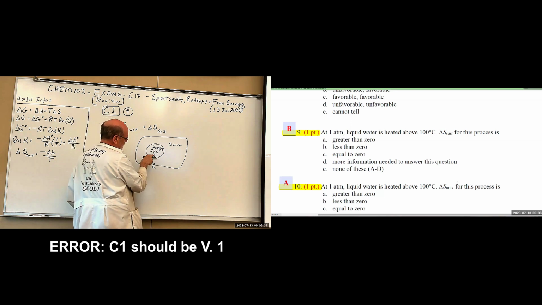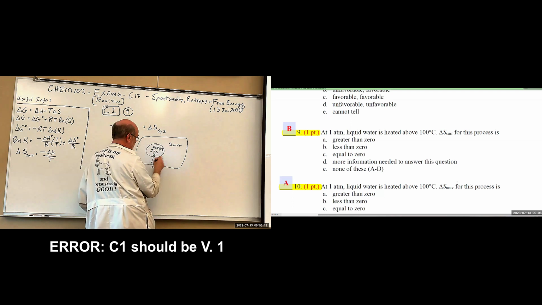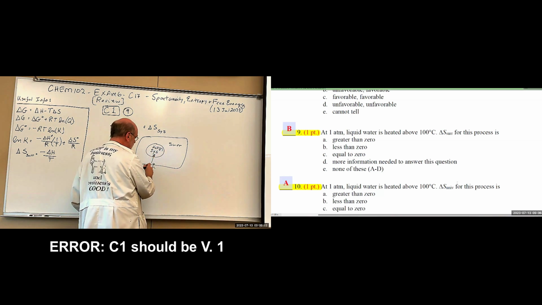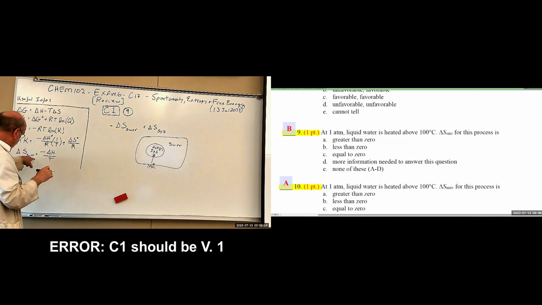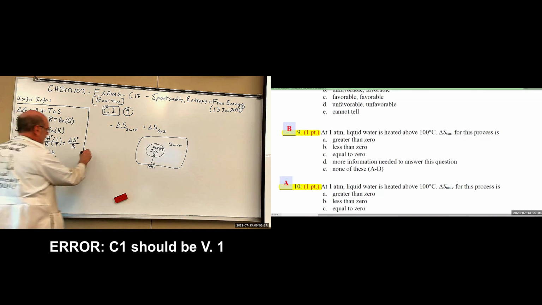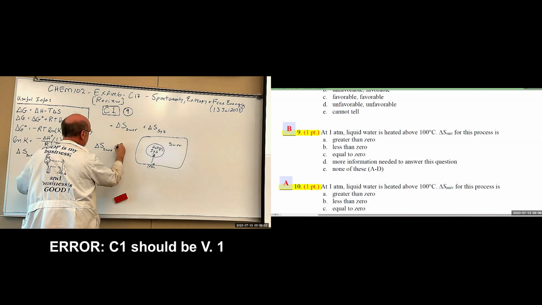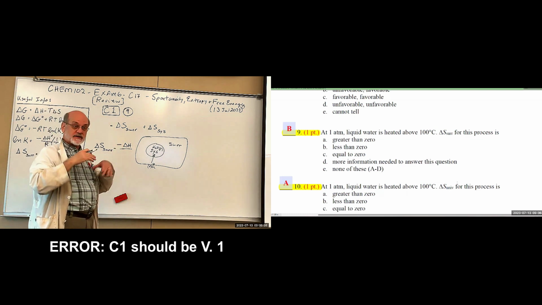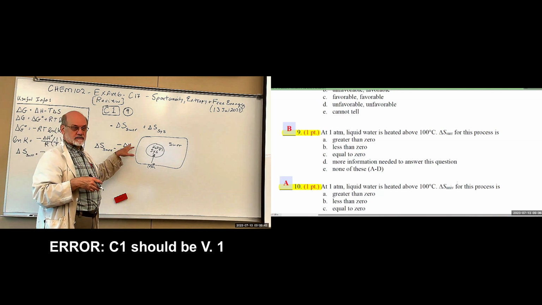If we're adding heat, it has to come from the surroundings to enter the system, which means the heat is going to be a positive value. And if we look at this one over here, delta S for the surroundings is equal to negative enthalpy, and if the pressure doesn't change, the process is at constant pressure, then this is also equal to Q. Remember that discussion.